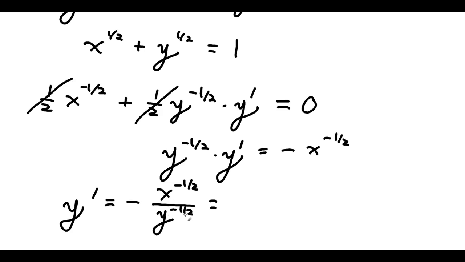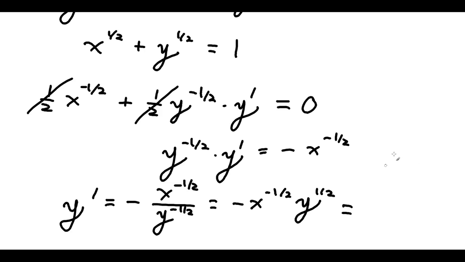Instead of dividing by y to the negative 1/2, we could multiply both sides by y to the positive 1/2, because that would give us 1 on the left, and on the right we would then have y to the 1/2. You can also see if you do the division, we have this negative power in the denominator. We can bring that up into the numerator, and we get an expression that looks like that.